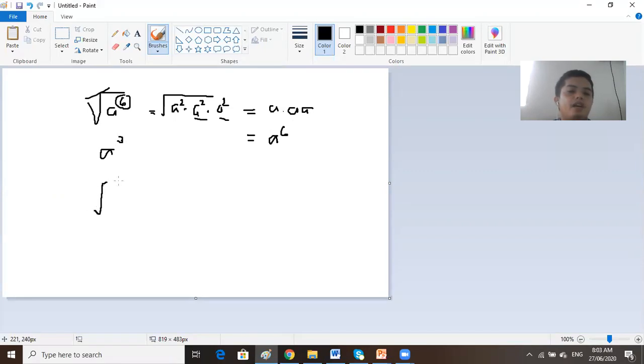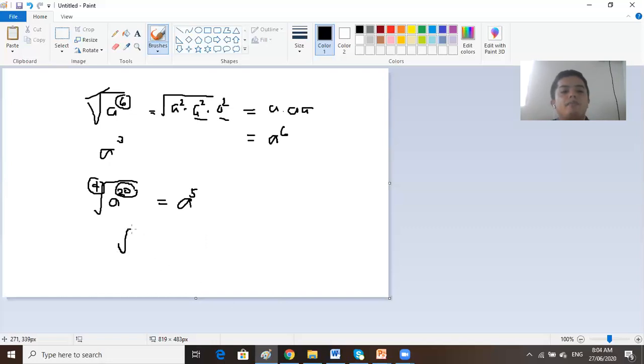Another example, if you have the fourth root of a^20, you simply divide the exponent by the root, which is 4. So 20 divided by 4 is a^5. That is how to evaluate radicals simply under this law or rule.